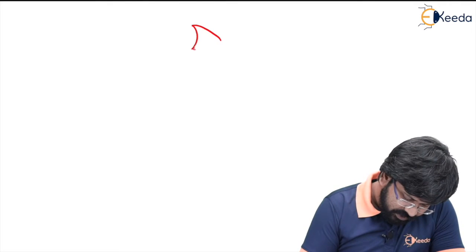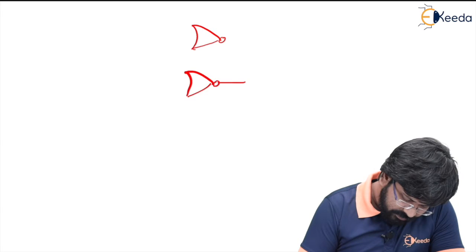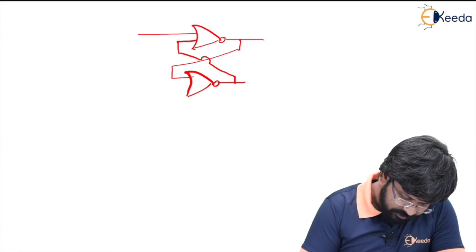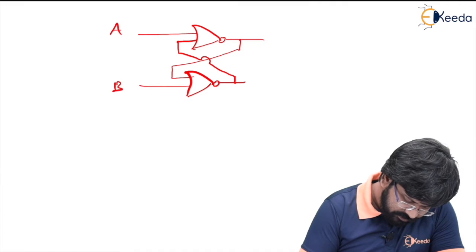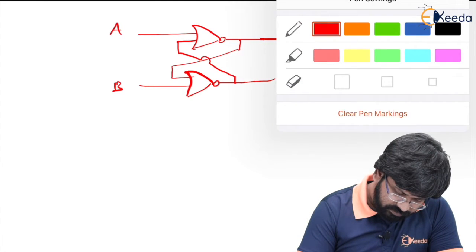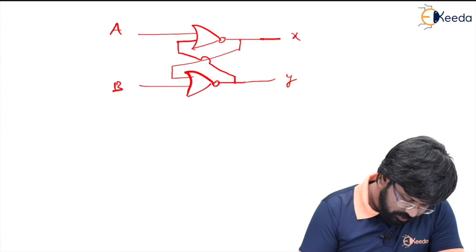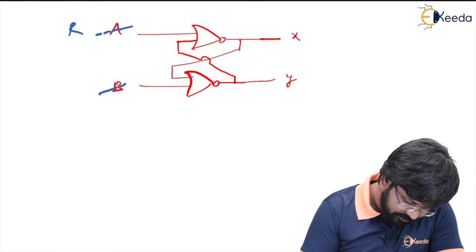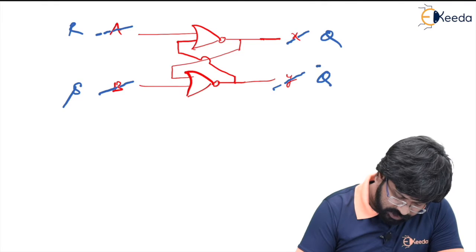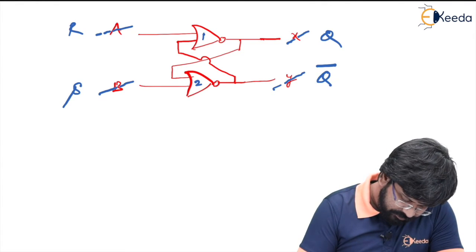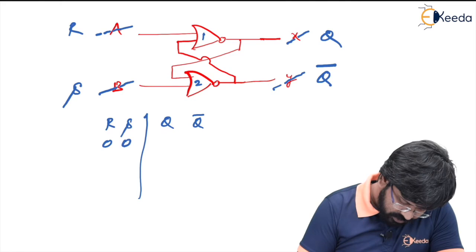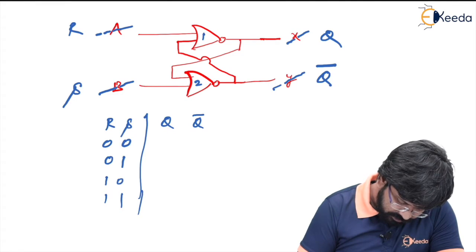The circuit that we had consisting of two NOR gates, the outputs of which were cross coupled like this, and we had two inputs called A, B, and outputs X and Y. Now I am just going to replace this A with R, this B with S, this X with Q, and this Y with Q bar. So we had this as 0 0, 0 1, 1 0, 1 1.